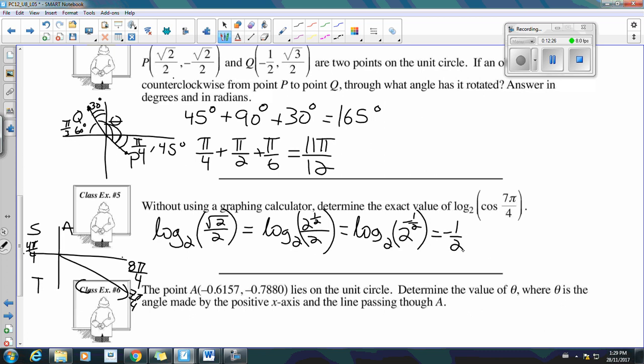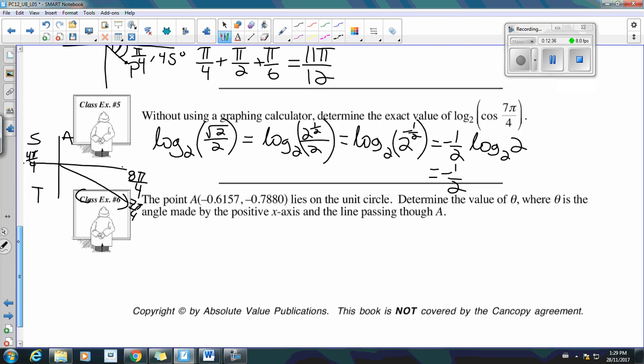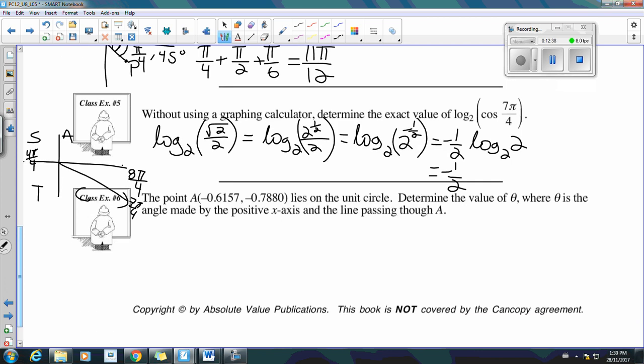We can bring that power up front using the logarithm laws. And we have negative 1/2 times log base 2 of 2. Log base 2 of 2 is 1, so our answer is negative 1/2.